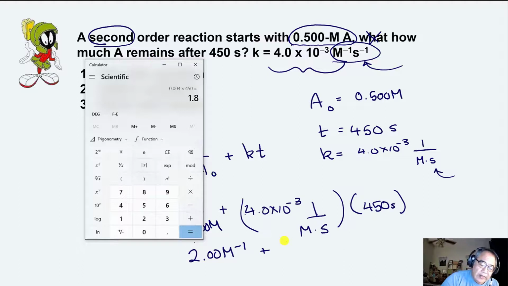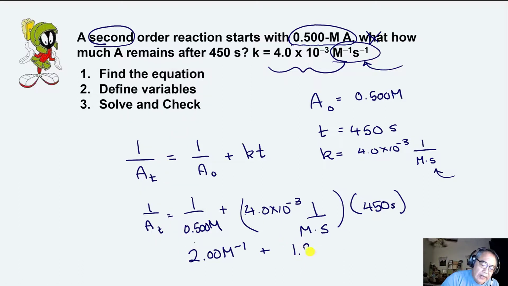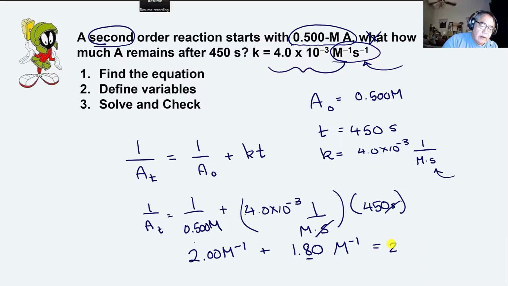So this whole thing right here is 1.80. And the units: this is 1 over molarity, so it's molarity to the minus 1. Now we can add these two up. They have the same units, and so this will add up to be 3.8 molarity to the minus 1.